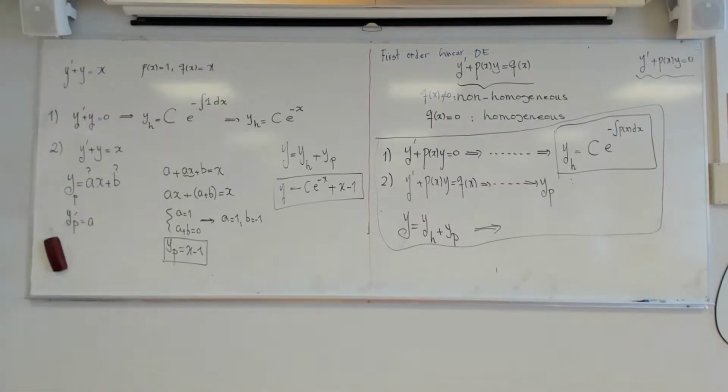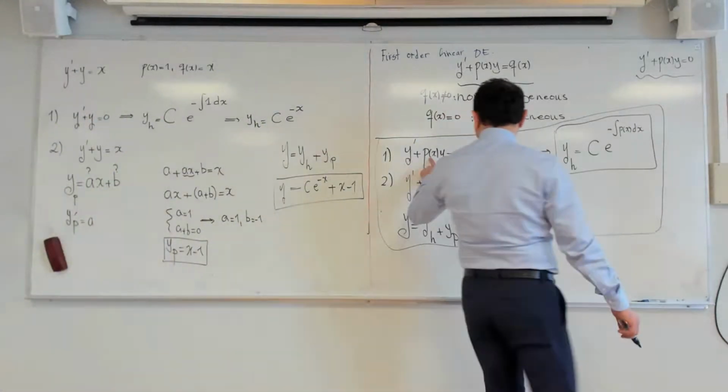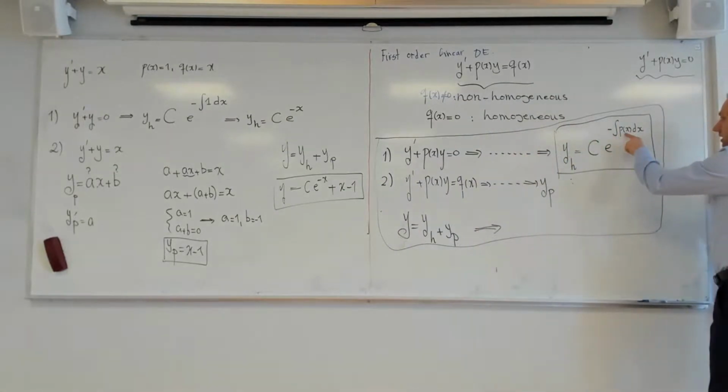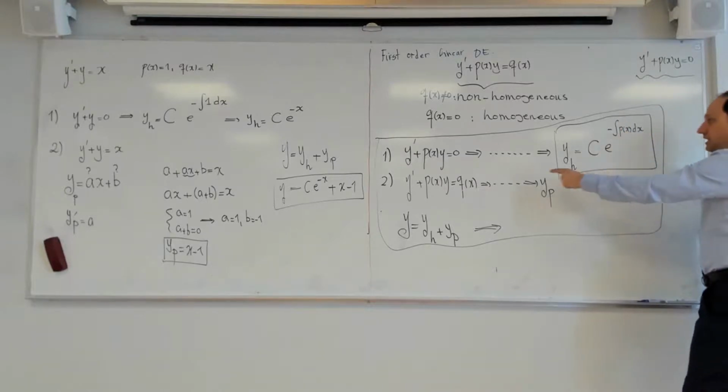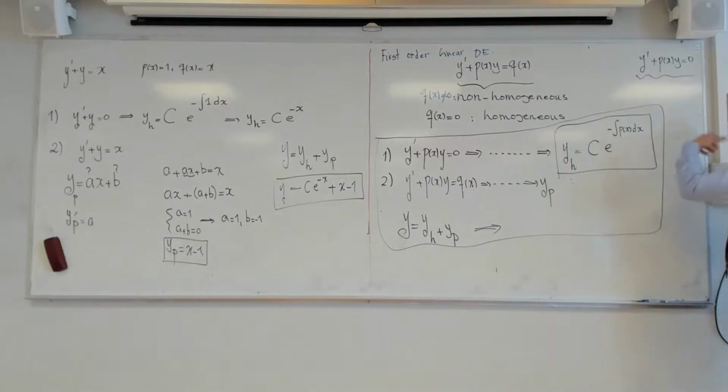So what I want to tell you is that if this p of x is a constant number, you might say that still this integral might be a little bit hard, so I agree with you, it might be hard. But if p of x is a constant number, this integral is also super simple, because the integral of a constant is that constant times x.